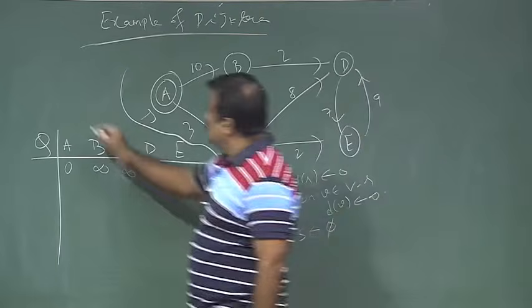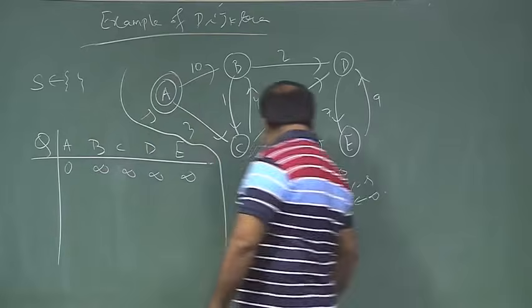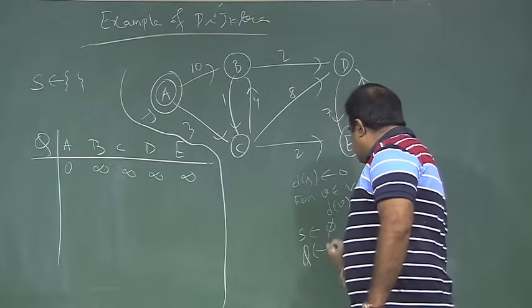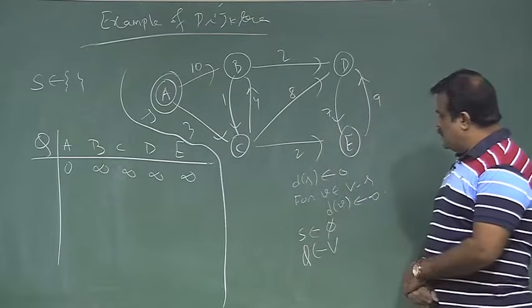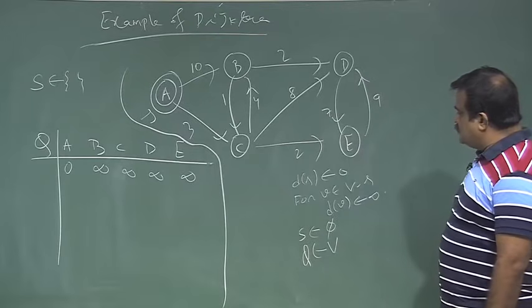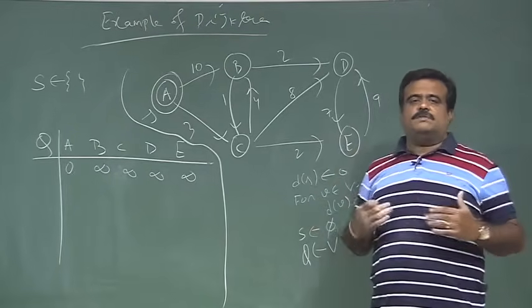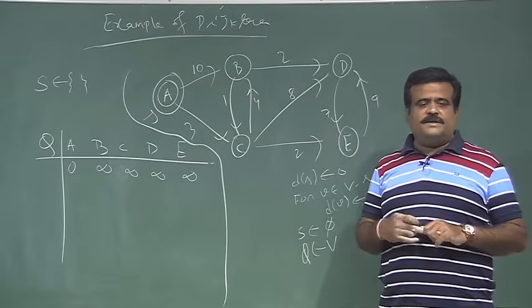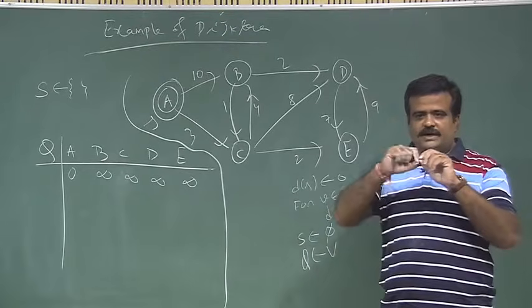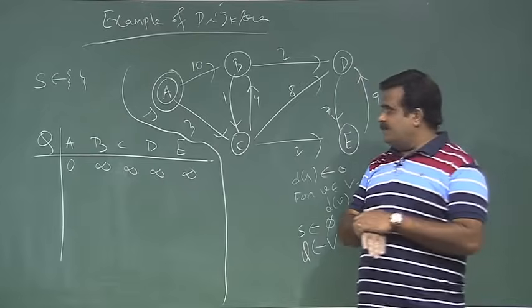Capital S is empty initially, and we are putting all the vertices in Q, which is the priority queue. The idea is that each time we capture one vertex in S, and we update the distance estimate of the vertices adjacent to the vertex we have recently captured.